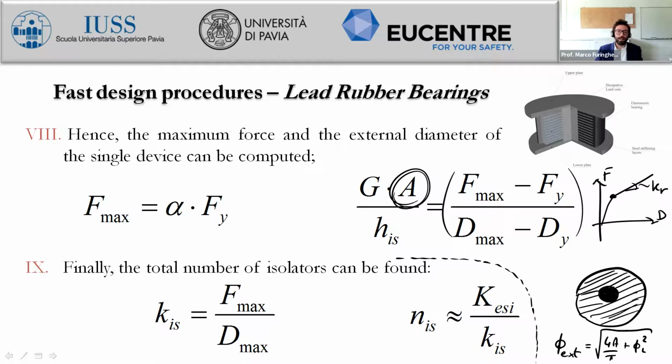Before the other two parameters which can be considered as random variables, I mentioned that the yielding shear strain, even though it is a random variable, has very little influence on the overall response of the base isolated building.